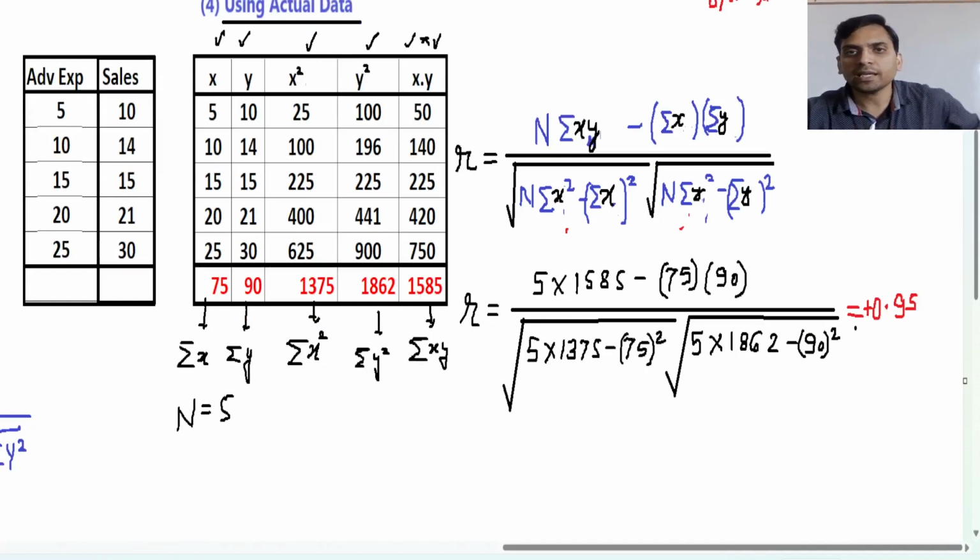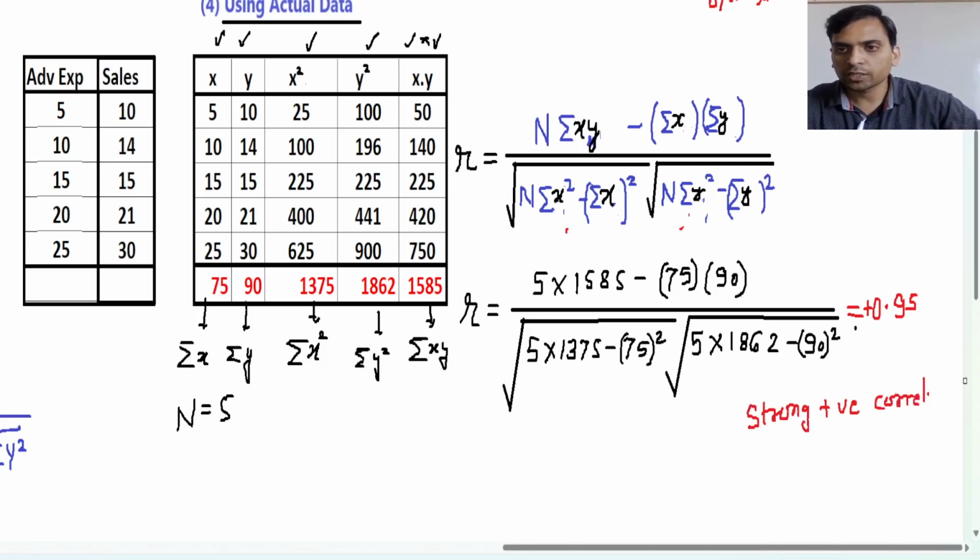So we can say there is a strong positive correlation because of this positive sign, and because this value is near about 1, that's why it is strong. So this is a strong positive correlation between advertisement expenditure and sales.